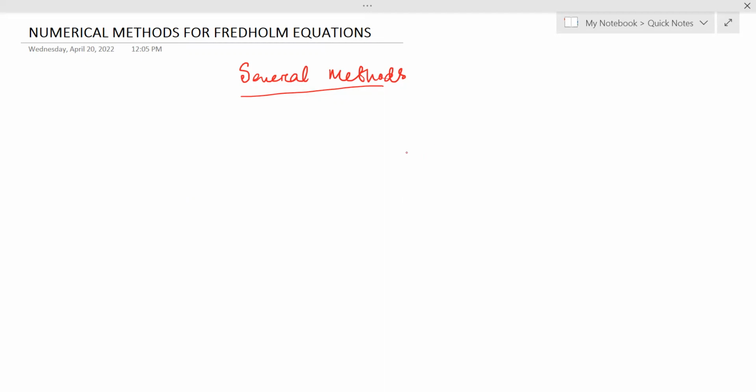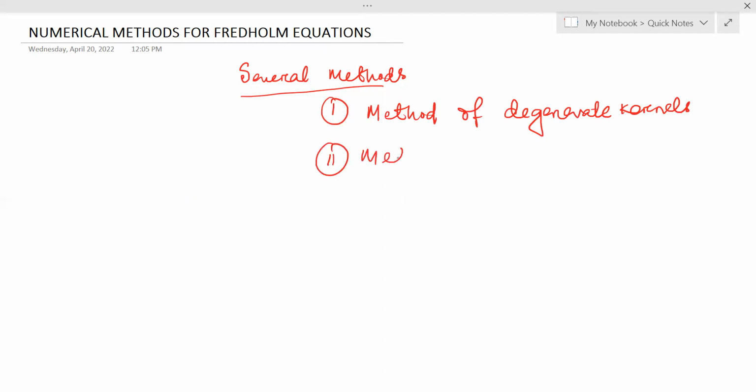First, method of degenerate kernels. Method of successive approximations.